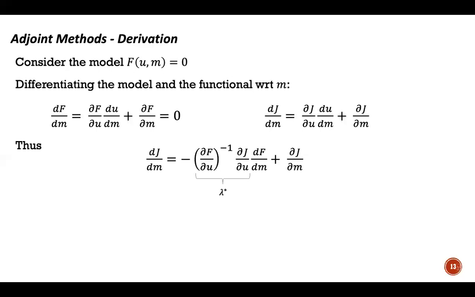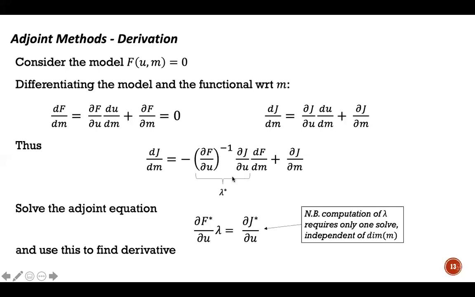For the adjoint problem, we solve this equation here, displayed below. The key thing to note about this equation is that it's not dependent on M. So if I have a million parameters M, I still only need to solve this equation once. And if I have one, I only have to solve it once.